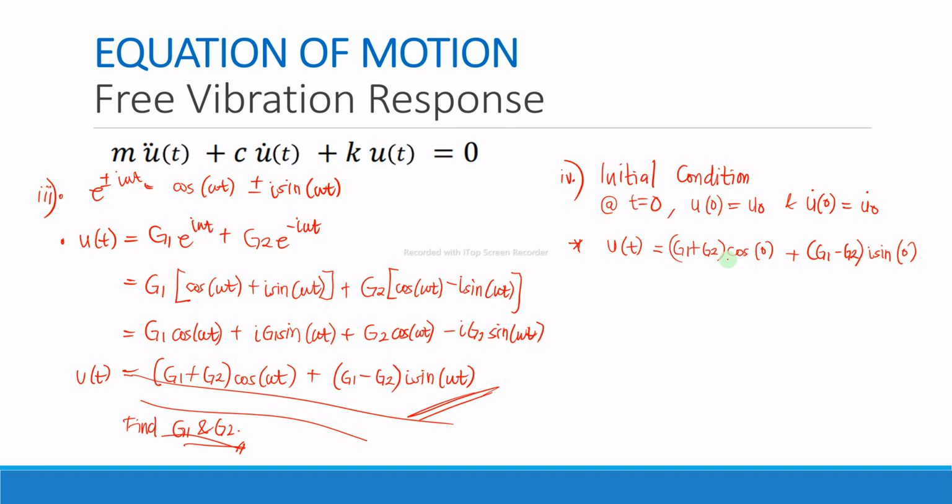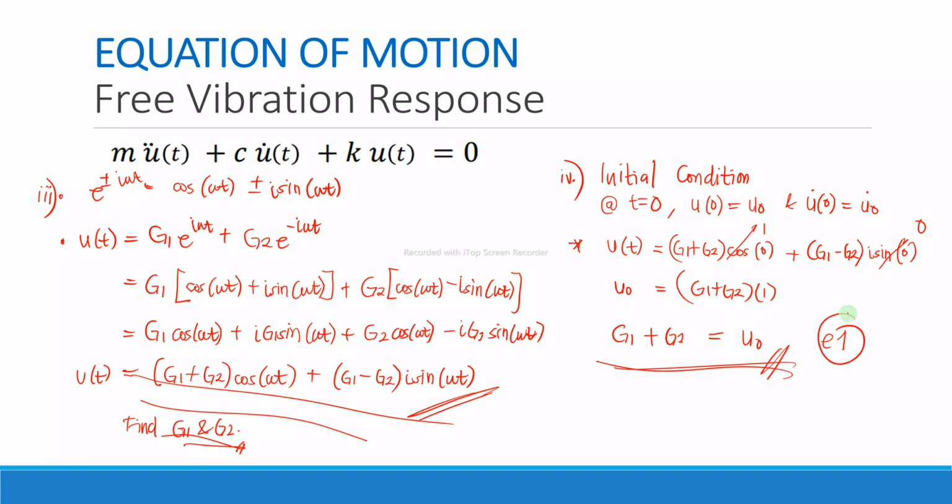Now, cosine 0 is equal to 1, and sine 0 is equal to 0. So, we are left with u naught is equal to g1 plus g2 times 1, or simply, g1 plus g2 is equal to u naught. Let's say this is our equation 1.